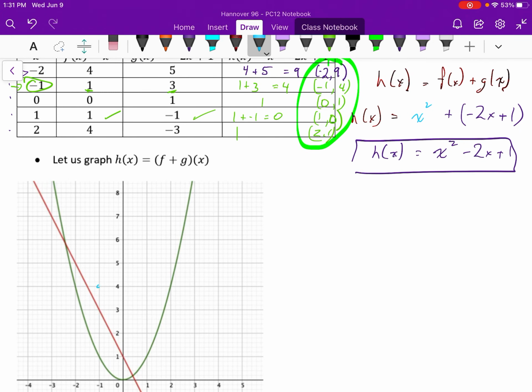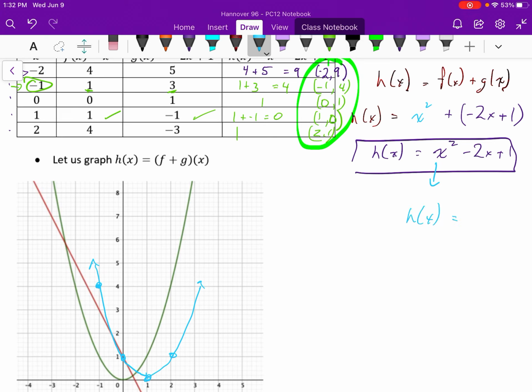And I'm going to do that because it's nice and easy. And look at this, right? What shape is this coming to be? It's looking like the shape of a parabola. And if you take h of x, which we did independently, it was the set of instructions.